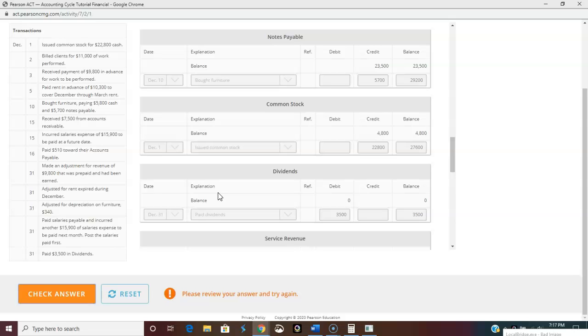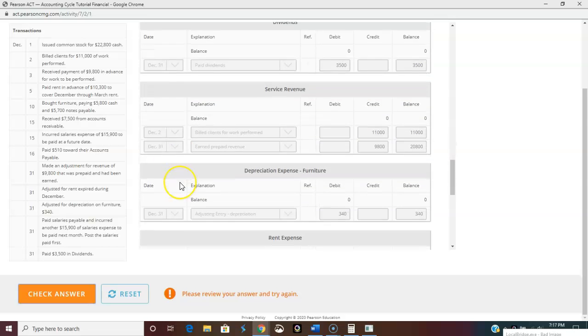That's not right. 29.2. Common stock is 27.6. And dividends 3,500. And service revenue 20,800.